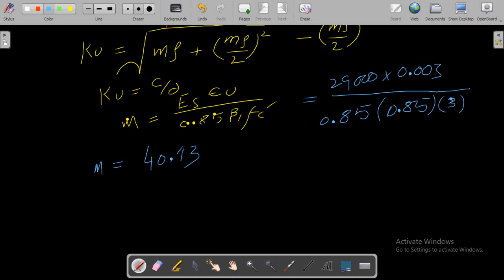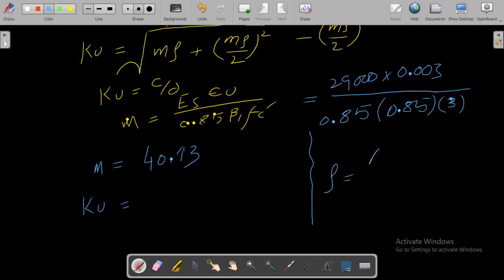Now we will use that equation and determine the value of ku, right? So if you plug in all the values here, rho is in question. Let me determine the value of rho.